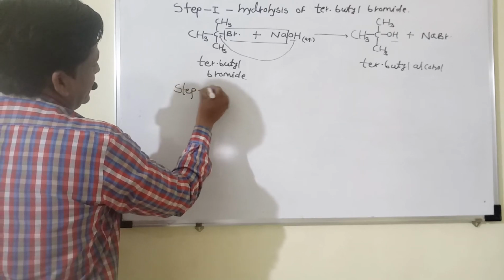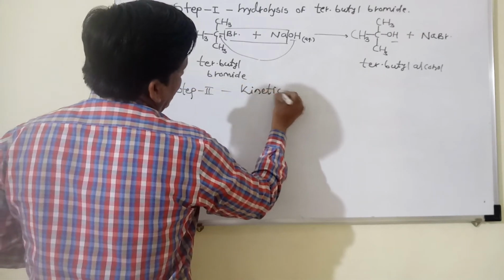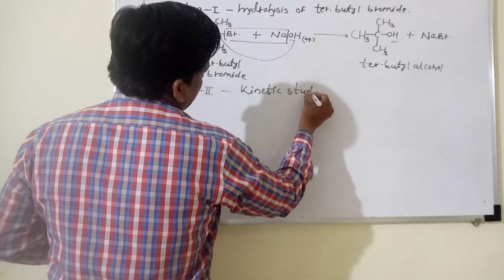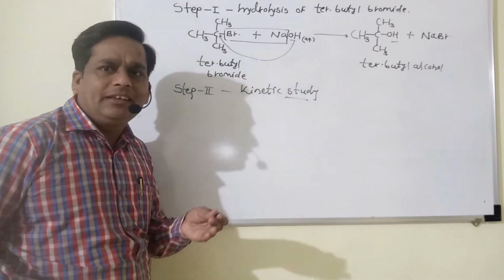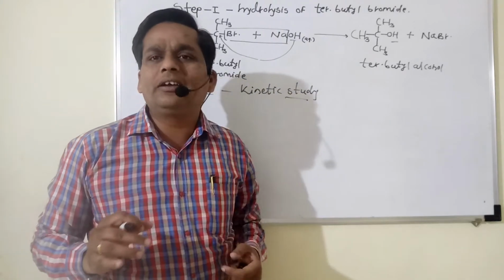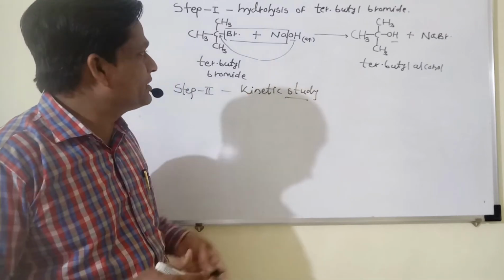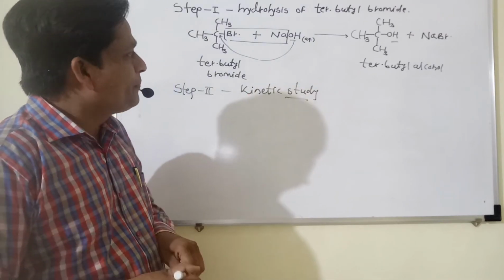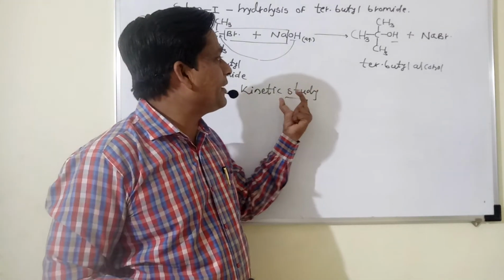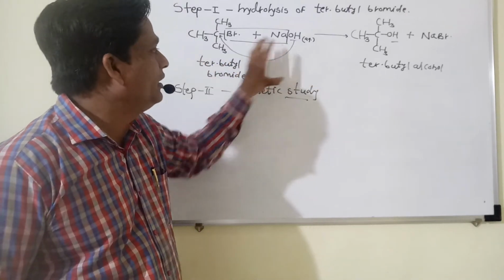Step second is the kinetic study. You know chemical kinetics is nothing but the study of the rate of a chemical reaction. Rate is nothing but the speed. In the kinetic study, what you have to see here is that the rate of this reaction depends only on tertiary butyl bromide, not the NaOH.